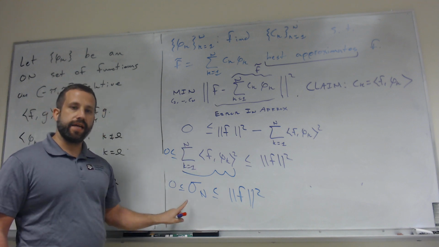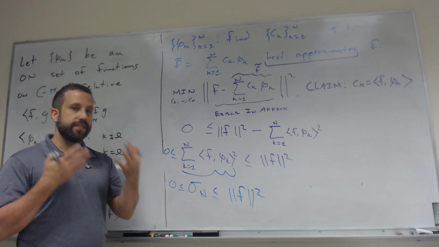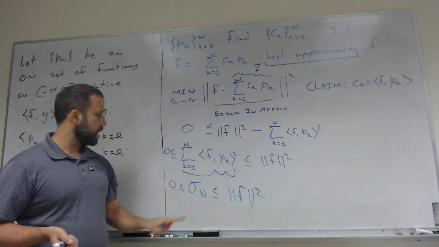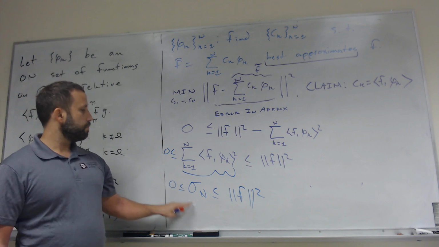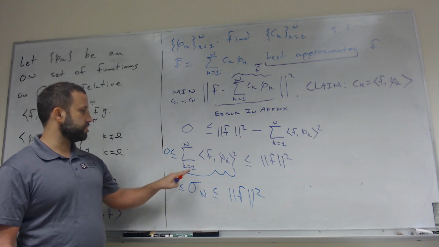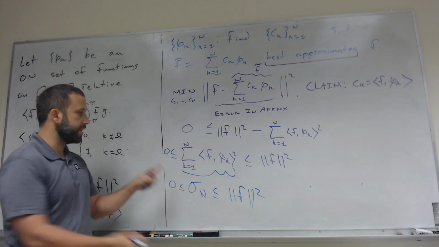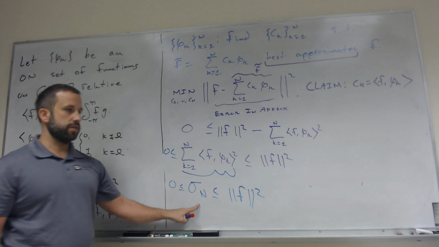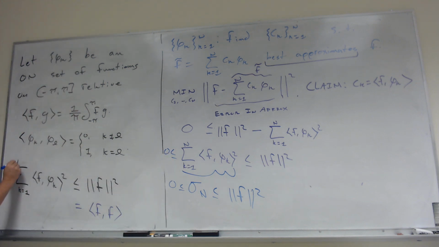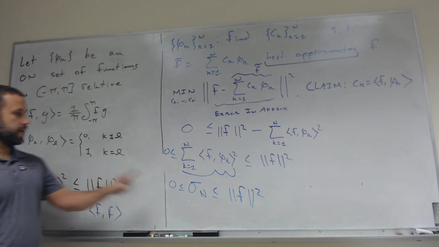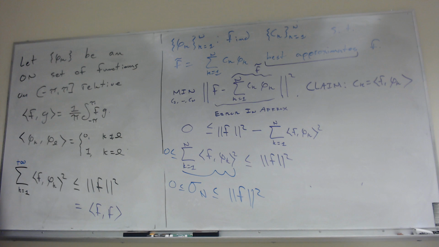So sigma n is a bounded increasing sequence, and therefore this sequence has a limit. But the limit of this sequence is just equal to the sum of the series. By definition, this right here with an infinity is equal to the limit of these sigma n's. And so that's where the equality comes from.